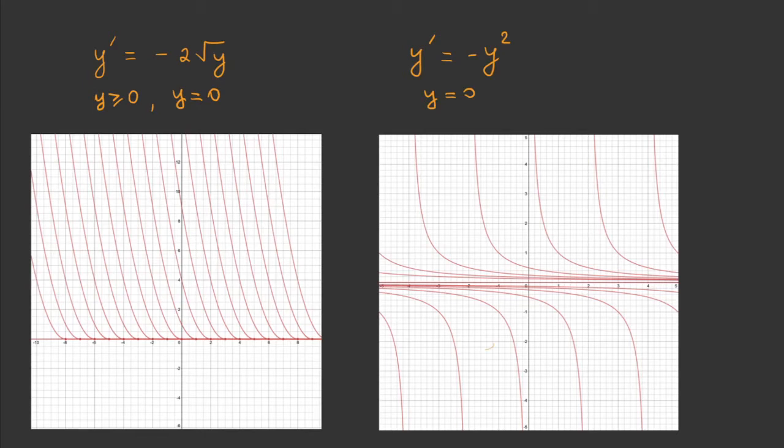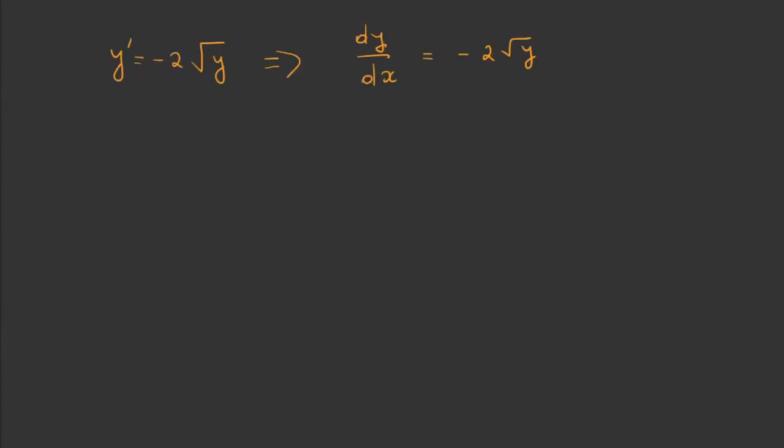Let's now find all solutions of these differential equations and confirm that the solution curves are the curves shown in these pictures. Let's begin with the first differential equation on the left. We already know that the constant function y equals 0 is a solution of this differential equation.